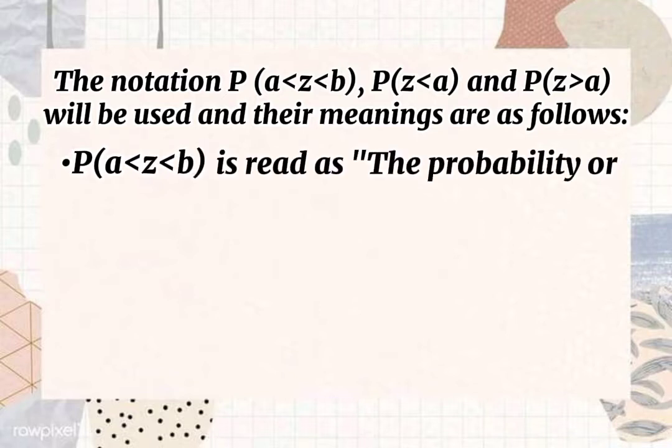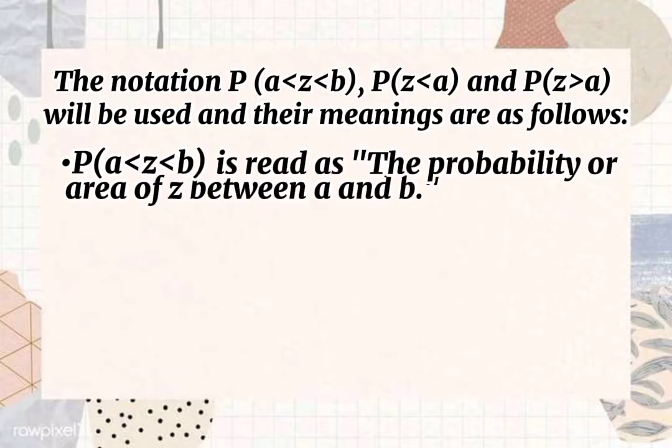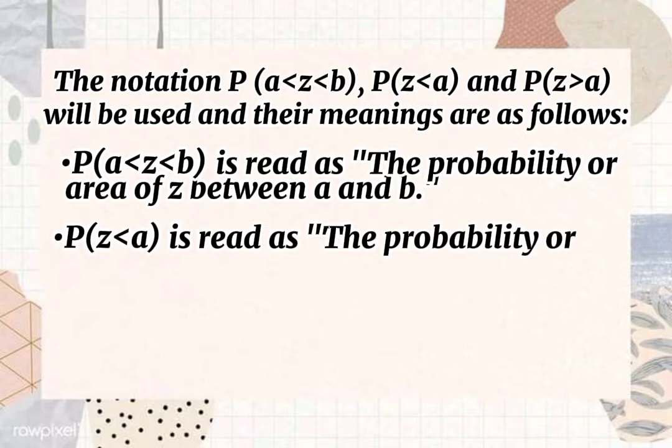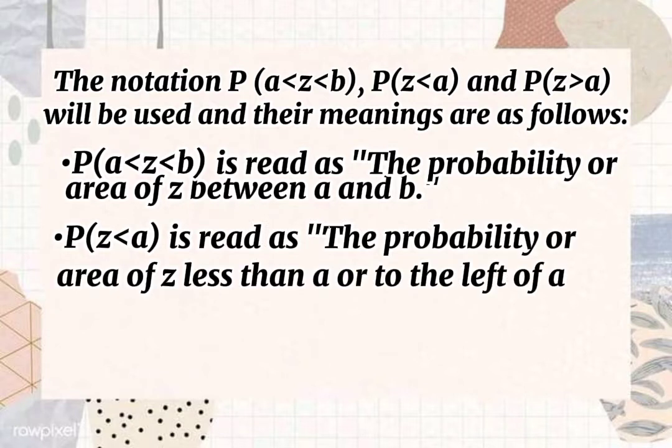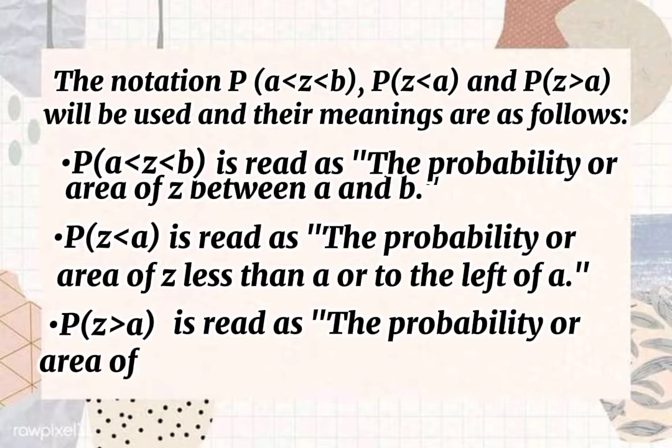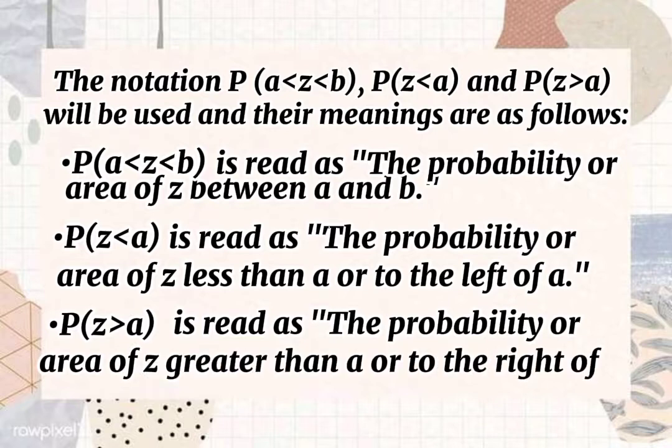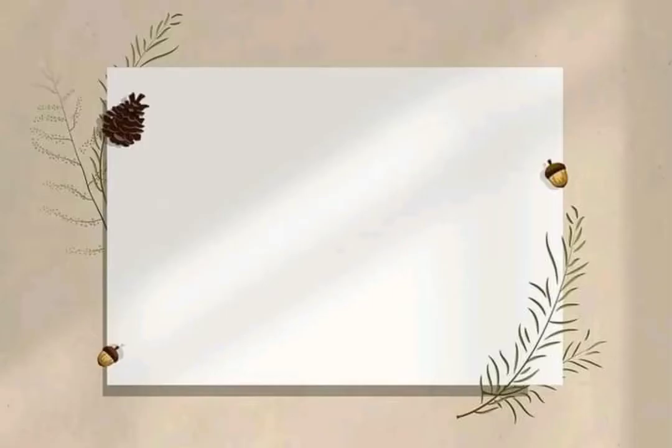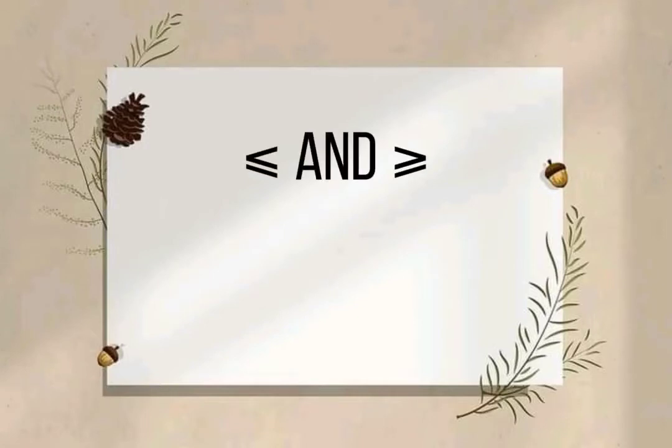The first is read as the probability or area of z between A and B. The second is read as the probability or area of z less than A or to the left of A. The third is read as the probability or area of z greater than A or to the right of A. Remember that the symbols greater than or equal to and less than or equal to have the same meaning as greater than and less than.